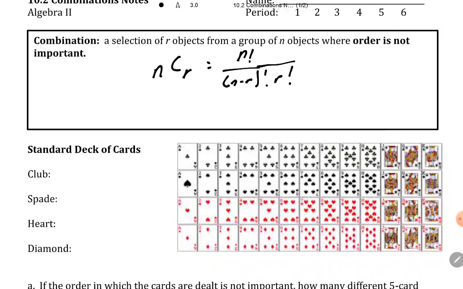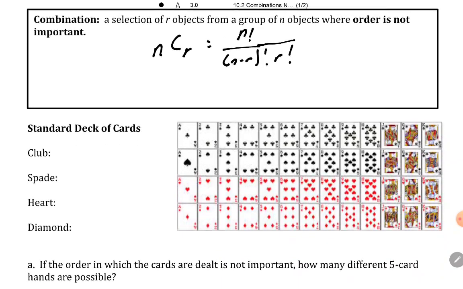So let's look at a deck of cards. We have 13 clubs, 13 spades, 13 hearts, and 13 diamonds.